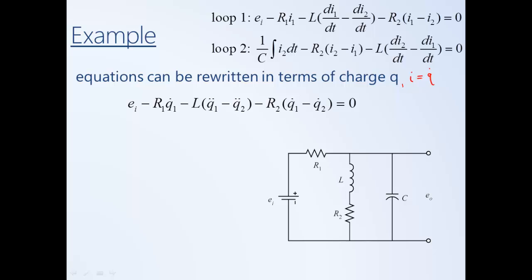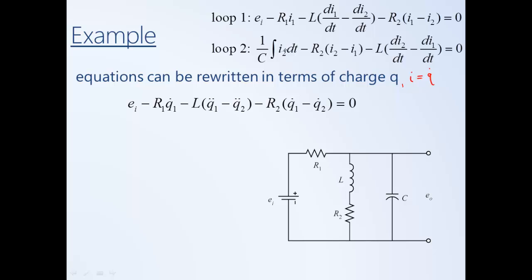We can do the same thing for loop 2. So here I2 is equal to Q2 dot. If we integrate Q2 dot, we may recall that integrals and derivatives are inverses of one another, inverse operations. So if you integrate a derivative, the integral and the differentiation in essence cancel out.